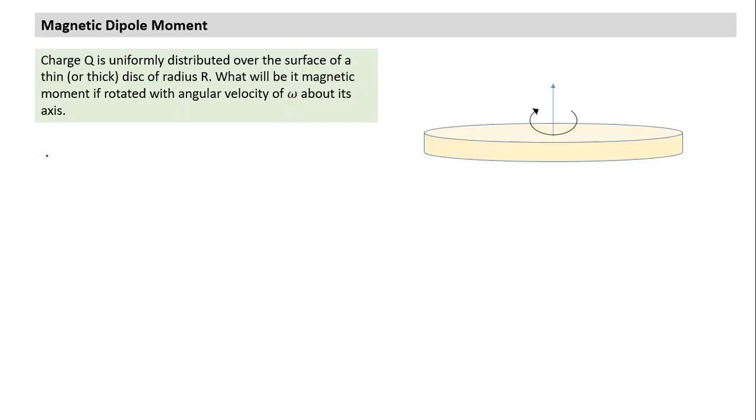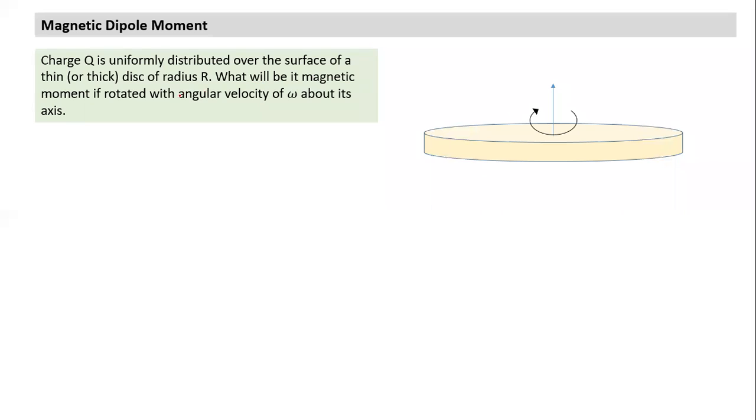Let's say what is given here? Charge Q is uniformly distributed over a surface of a disk, thin or thick, doesn't matter, or over the volume of a disk. Both will remain the same. So charge Q is uniformly distributed, or the charge density per area is constant, or the charge density per volume is constant. Both are the same.